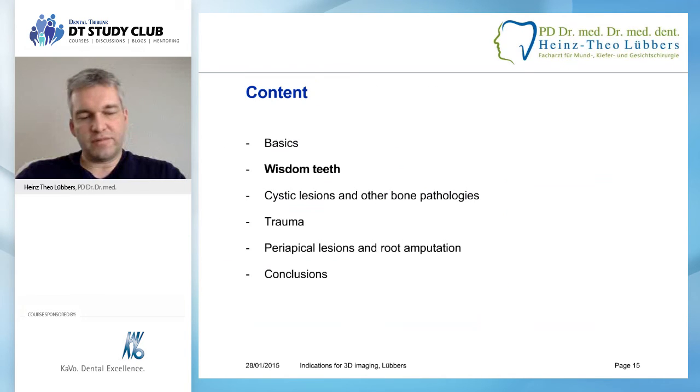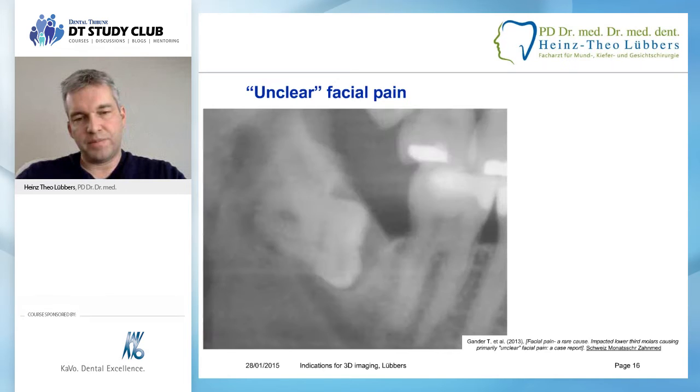Let's go for wisdom teeth. Well, how is the situation in wisdom teeth with cone beam CT? We published a paper about unclear facial pain, and this is a typical picture from this publication where there's a retained wisdom tooth, and this patient had an unclear pain on the right cheek.